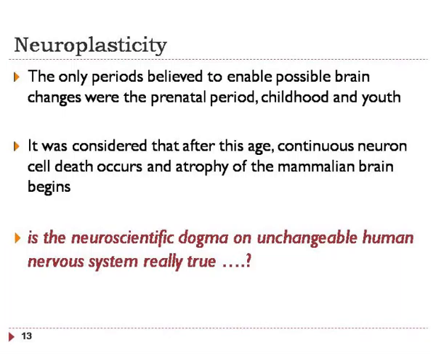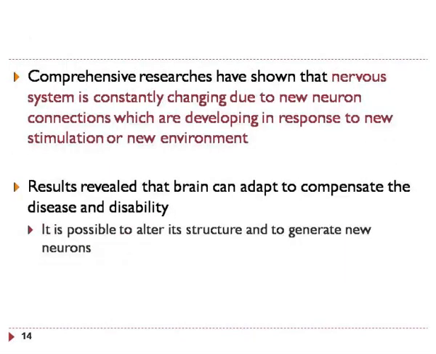But if we really want to change or curb the course of pain sensation in our brain, we can really do something. So let us change our concept of understanding, and that is neuroplasticity. What the experiments have shown is that there is a constant change in the nervous system in response to newer stimuli or some strong stimuli to the brain.